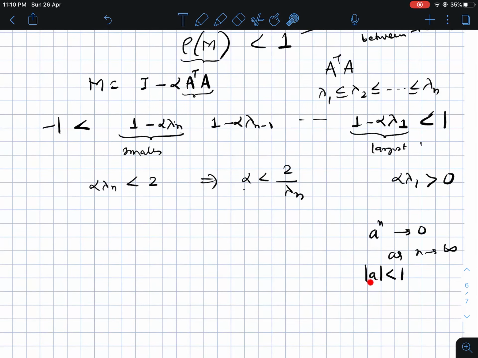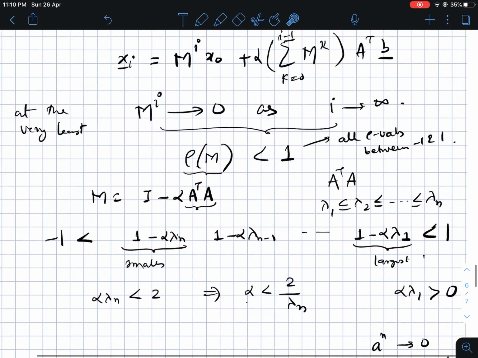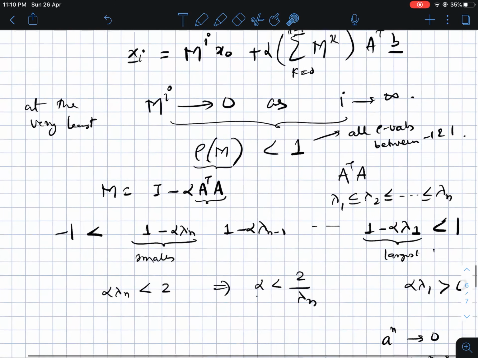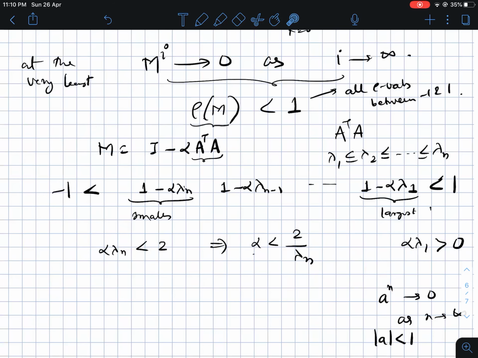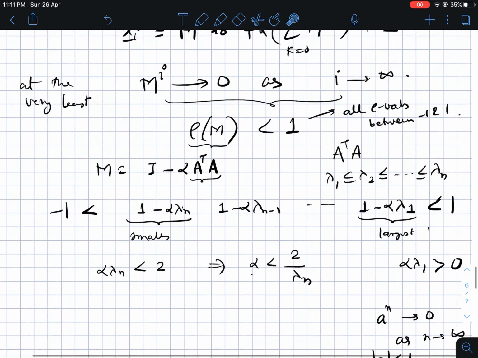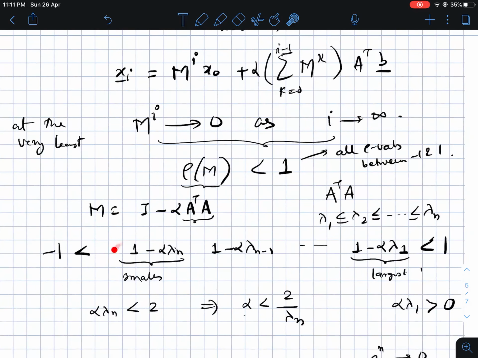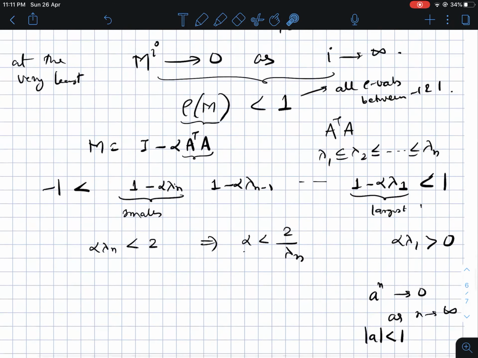That means if a is very far away from 1 or -1, the rate of convergence will be very fast. That's what you want here, right? For your gradient descent to converge fast, you don't want the spectral radius to be close to 1 either. So you don't want this to be close to -1, and you don't want this to be close to 1. So you do want to keep some gap here.